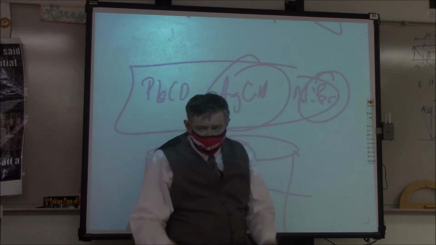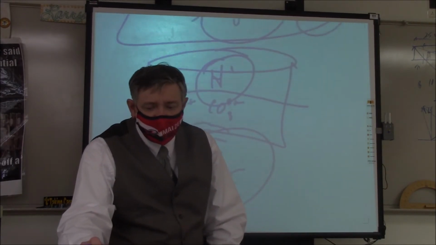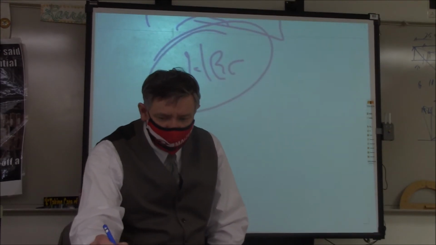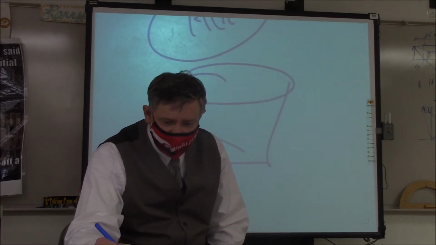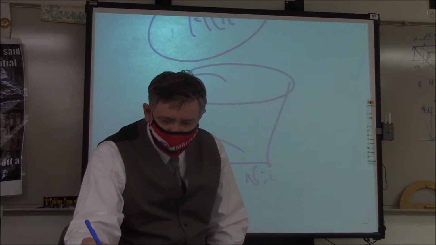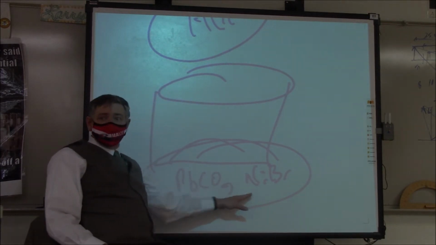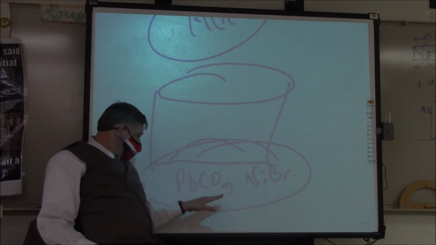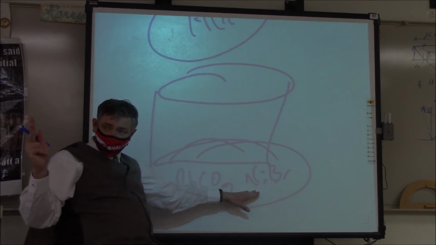So what you could do, and this is called differential precipitation, is that let's say you had a precipitate down here that was a mix of, say, lead carbonate and nickel bromide, okay? Let's say you had a combination of these two.